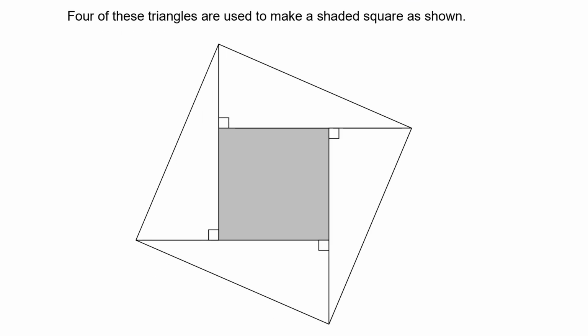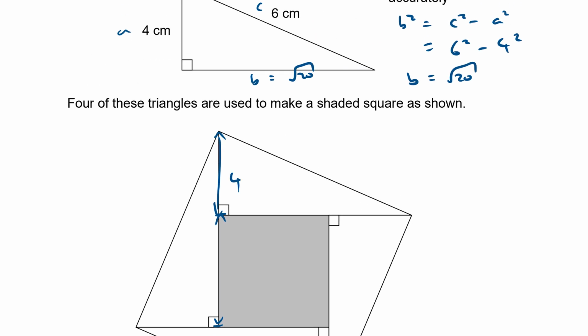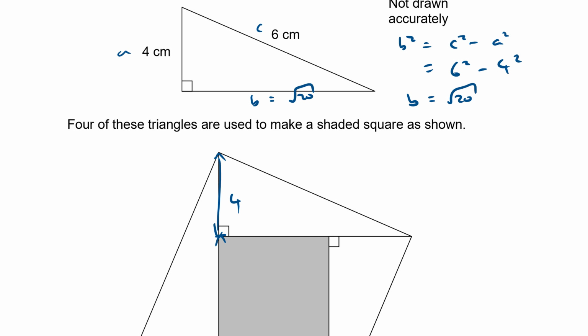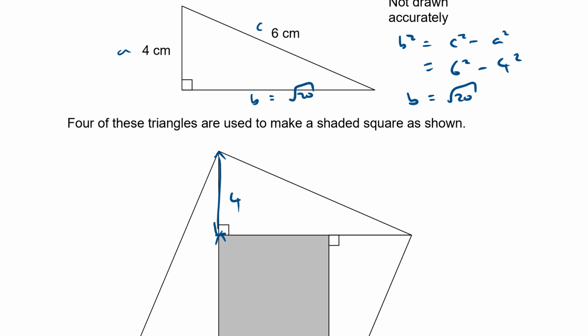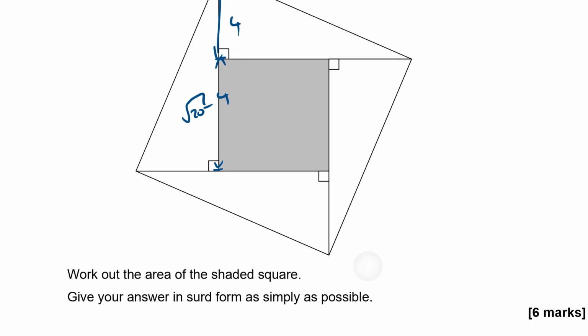So then how far is it from there to there? From here to here we know is 4, because it's the shorter side of my triangle, and so this side here must be root 20 subtract 4, and then the area of the square is going to be root 20 subtract 4 times itself.